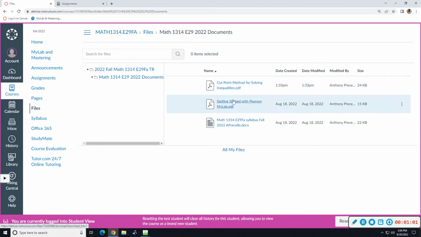By the way, here's the Getting Started with Pearson MyLab. There's the course syllabus. So if you lose the set of steps, that's okay. It's there under Files on Canvas.